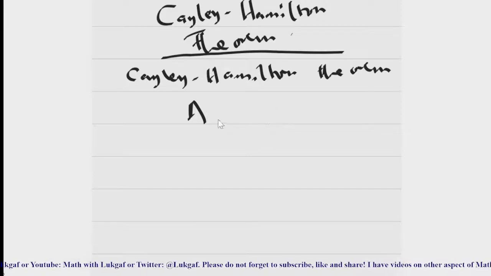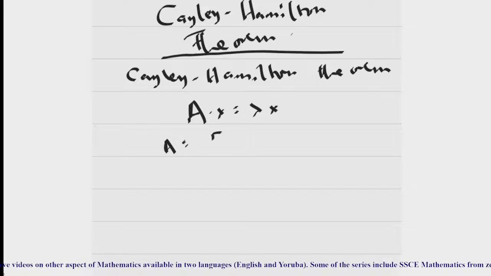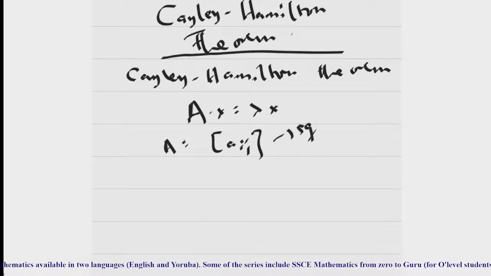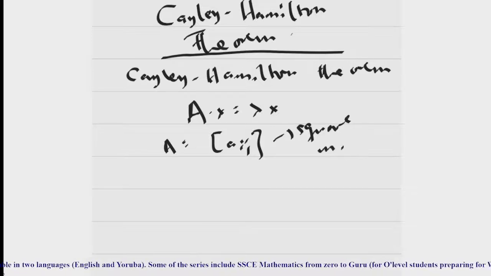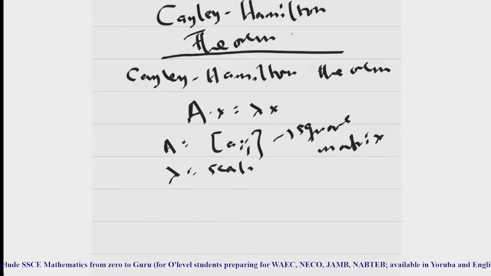For example, you will have come across this type of equation when I have A dot x is equal to lambda x. You understand now? Where your A is a square matrix, let's say I have my Aij like this. So it is indeed a square matrix. And your lambda here is the scalar, that is a number.